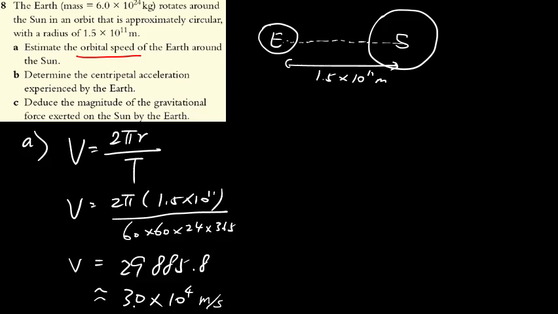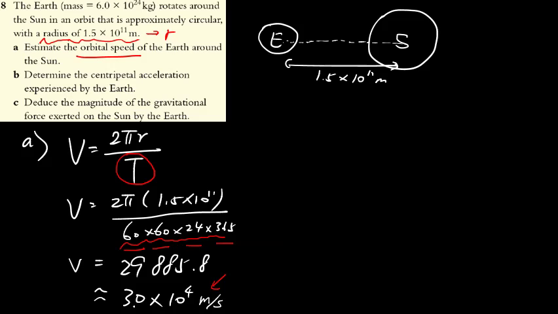So you use the equation here because from the question, you got the radius r, and for the period time T, you should surely know that, because for the Earth to go around the Sun in a circle, it will be 1 year, right? So it will be 60 times 60 times 24 times 365 days for a year. And therefore, you can find the velocity as 3 times 10 to the power 4 meters per second.